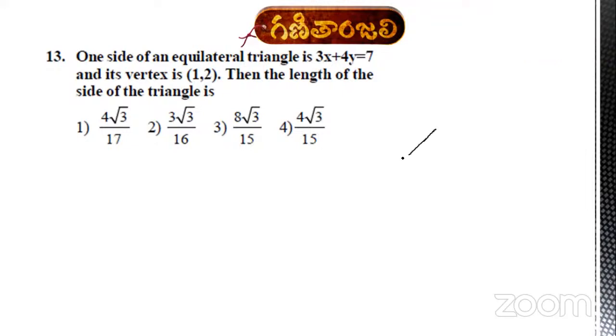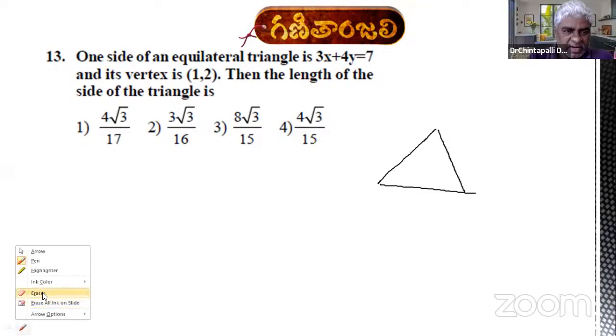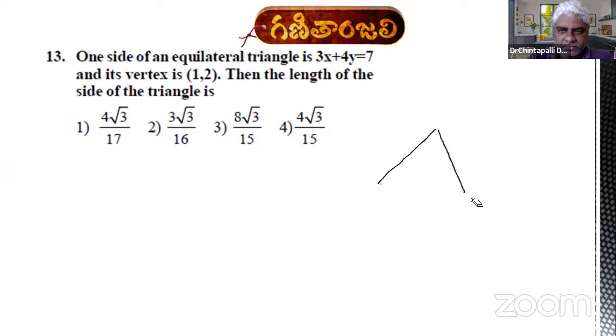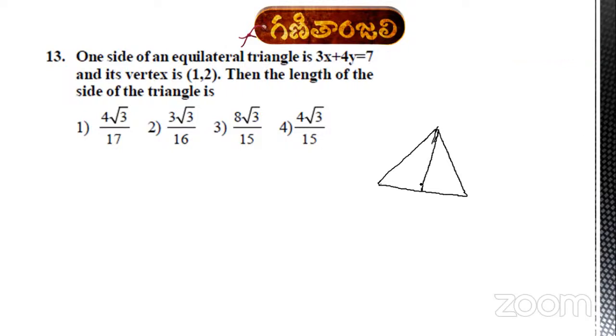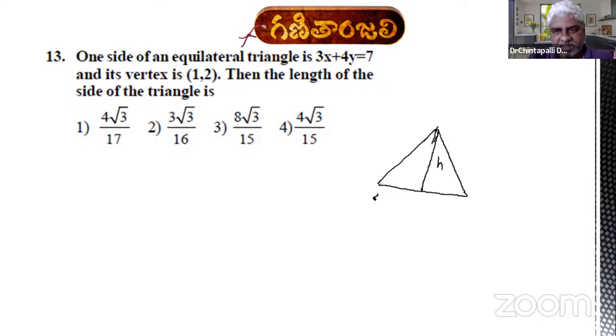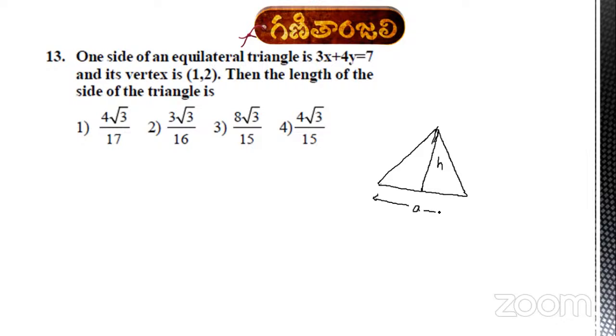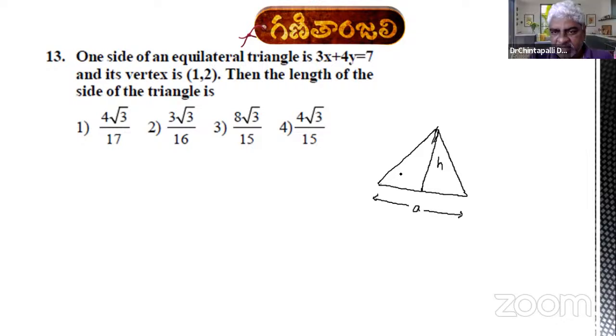The line drawn from the vertex perpendicular to the opposite side is called the height or altitude, H. The side is A, so half of it is A by 2.